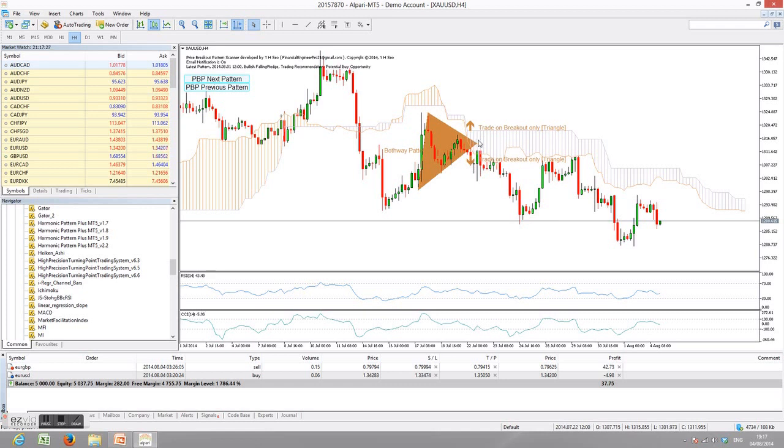So normally, your take profit level will be the width of this triangle at the point where price breakout happens. So this height will be your take profit level. So somewhere here will be your take profit, and also your stop loss level will be somewhere on this envelope line.